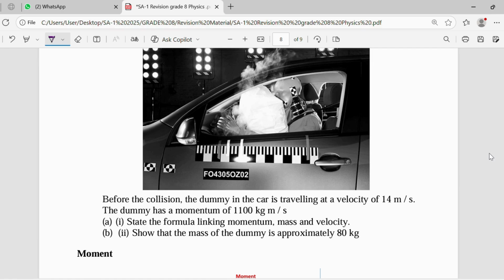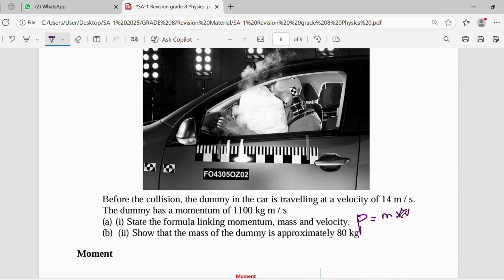All right. So we know that the formula for momentum is P equals mass times velocity. Now coming to the second question, show that the mass of the dummy is approximately 80 kilogram. So from here, we need to calculate the mass.